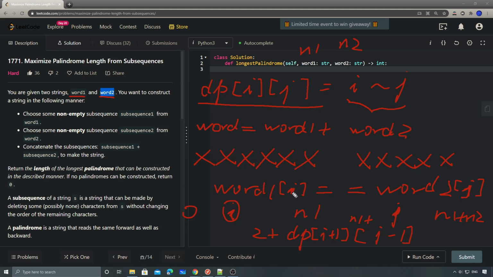Just these two letters can form a palindrome of length 2, right? And then by subtracting these two, all that is left is that we can simply use the pre-calculated dp I plus 1 and n1 plus j minus 1 to find if there's any additional palindrome in between these two.